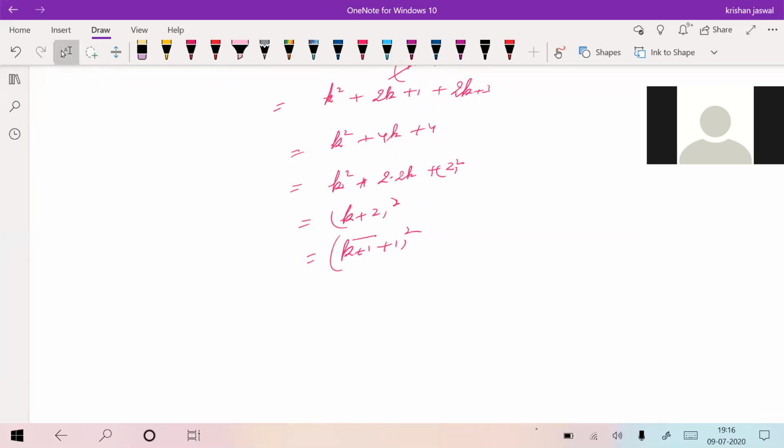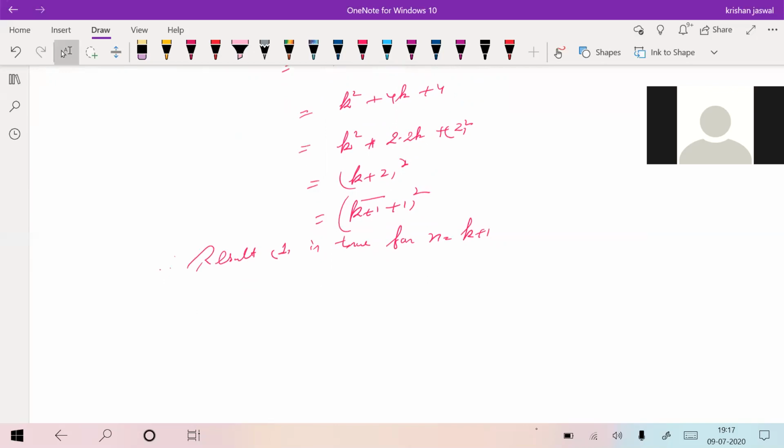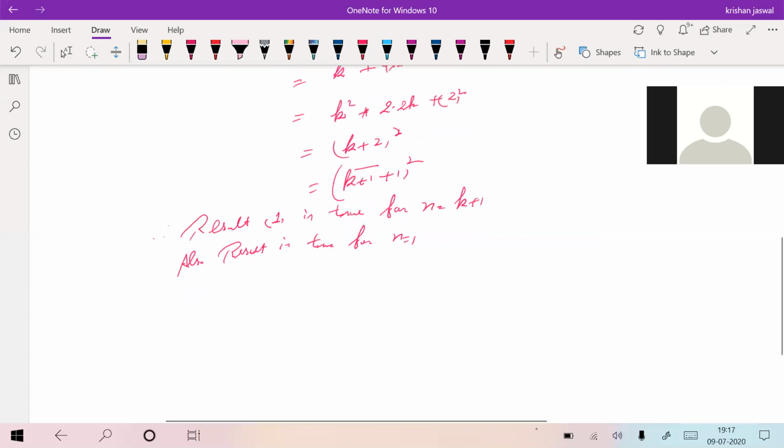Therefore, the result is true for n equal to k + 1. Also, result 1 is true for n equal to k, and the result is true for n equal to 1.